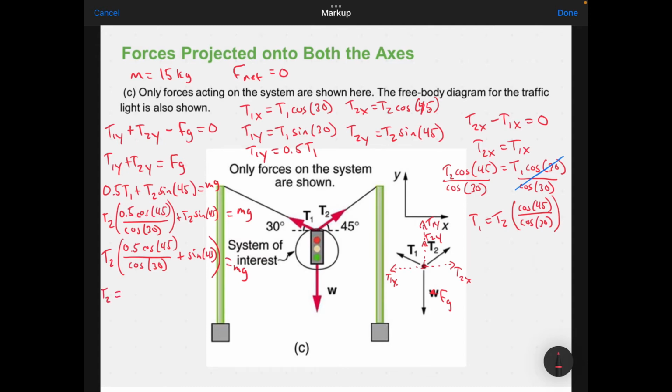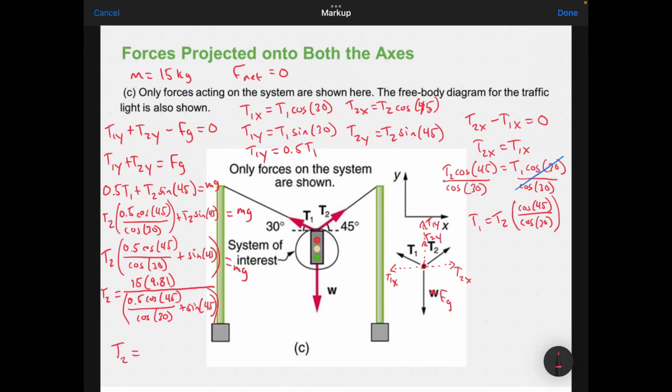So T2 is equal to m, we know is 15, g is 9.81, and all of that's going to be divided by 0.5 cosine of 45 divided by cosine of 30 plus sine of 45.